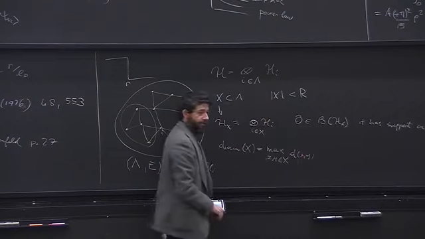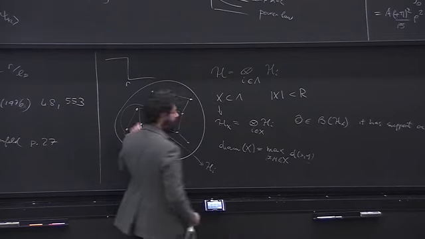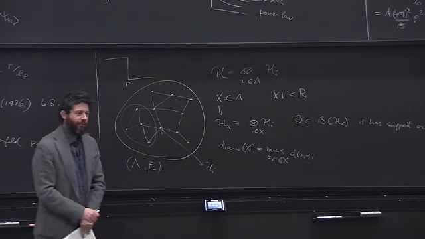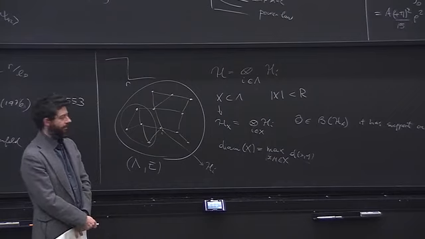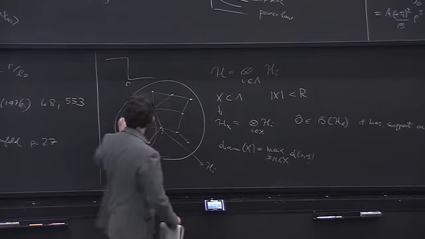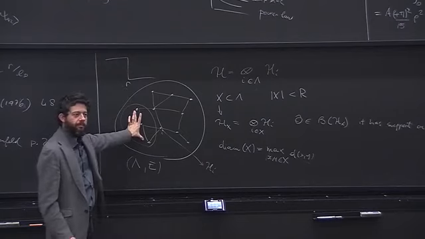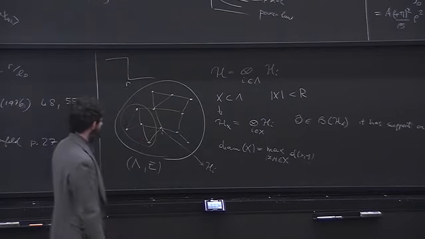Again, this is the graph distance, so just the minimum number of edges that we have to cross. And the diameter is the maximum distance between 2 points.